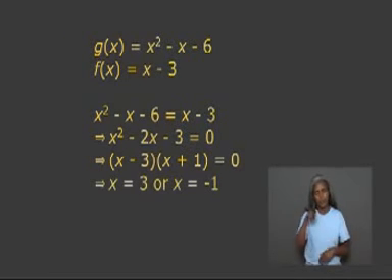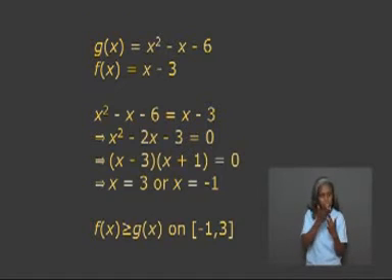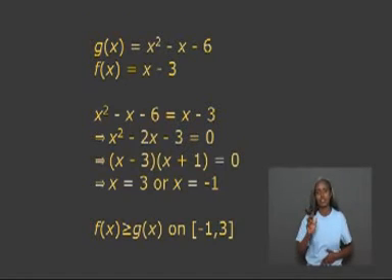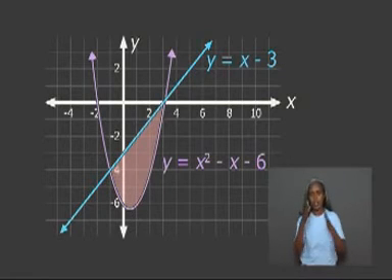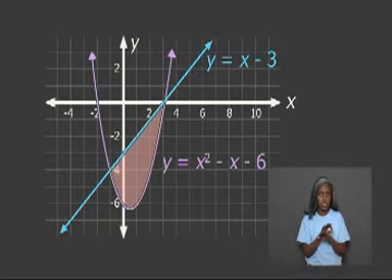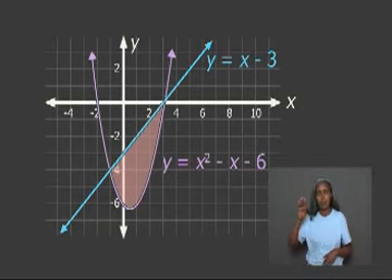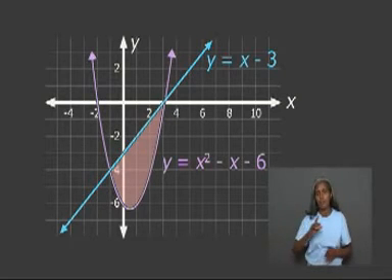Therefore, x equals 3 or negative 1. F of x is greater than or equal to g of x on the closed interval negative 1, 3. The next step is graphing our functions. Since we know that one function is a parabolic curve and the other is a straight line, the graph looks like this.